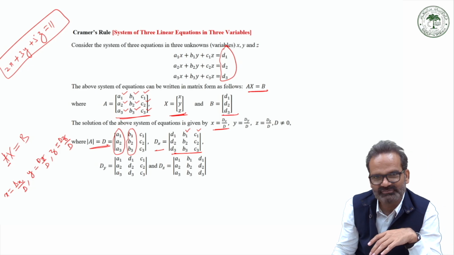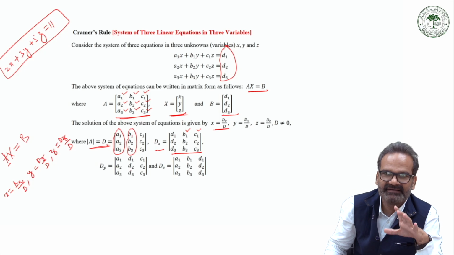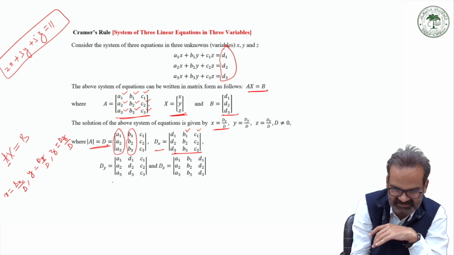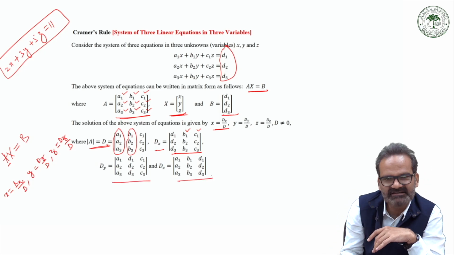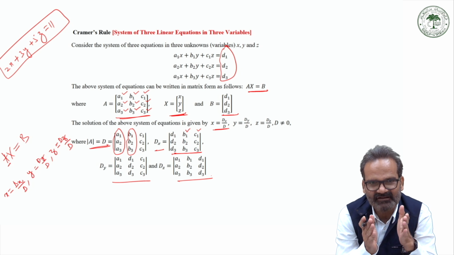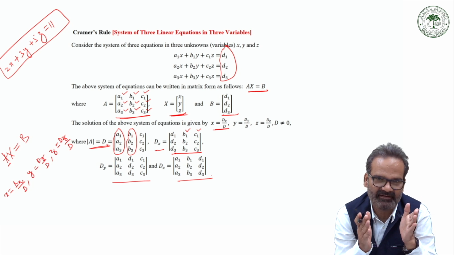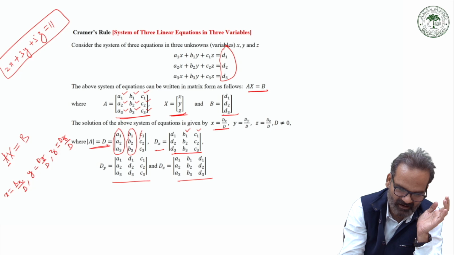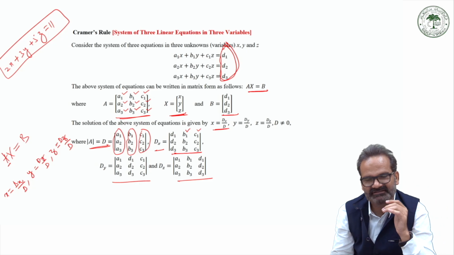The second column should be replaced by D1, D2, D3 to get Dy. And likewise for Dz, the first and second columns of the determinant D remain as they are, and the third column of D should be replaced by D1, D2 and D3.